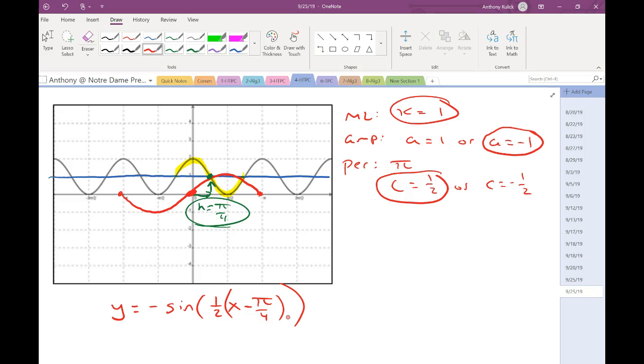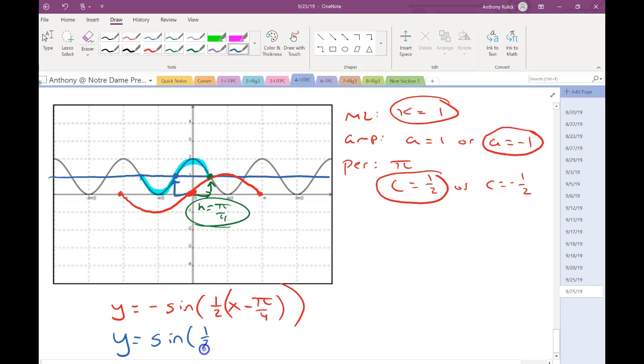Now, if you look at the section in yellow that I highlighted here, was there any special reason I picked this particular section? No, not really. Could I have just as easily taken this section? Absolutely could have. Notice, is there a reflection if I pick that section?